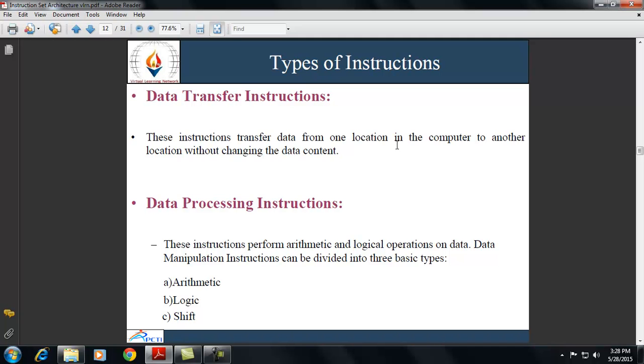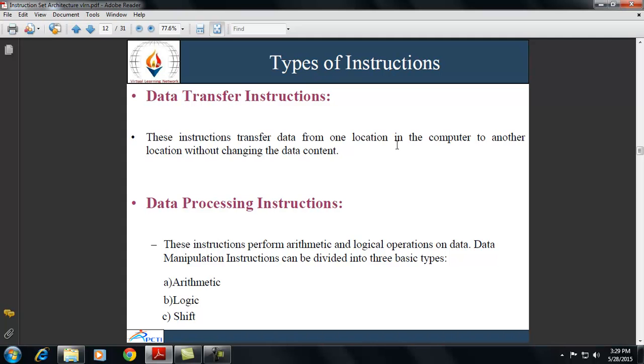If we talk about the arithmetic shift, arithmetic shift left and arithmetic shift right are almost the same as logical shift left and logical shift right, but the difference is that the sign bit remains unchanged.